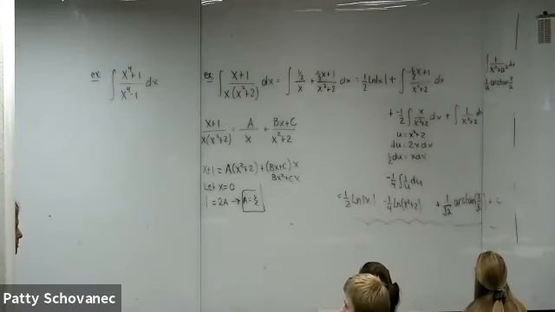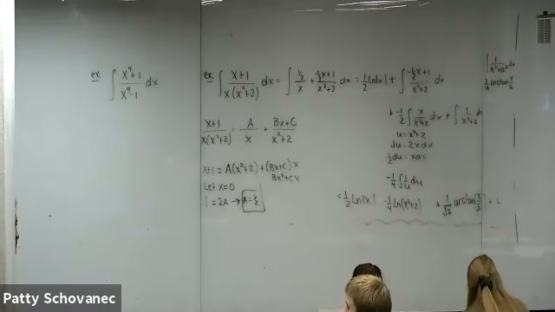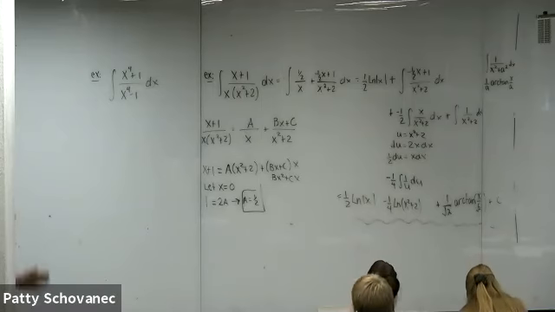Same degree, so we can't just start diving into partial fractions. If the degree on top is not strictly smaller than the degree on the bottom, you have to divide first. So divide that up and find the whole part plus the remainder over the divisor.